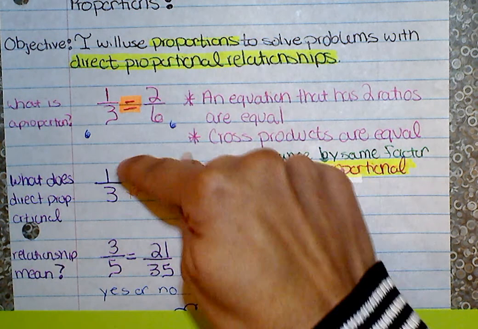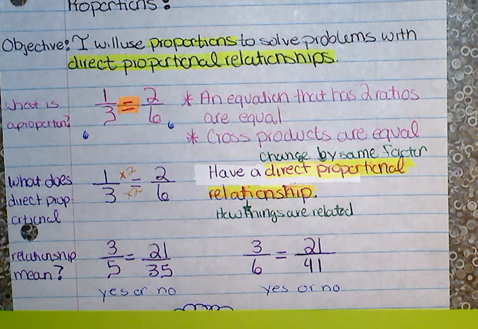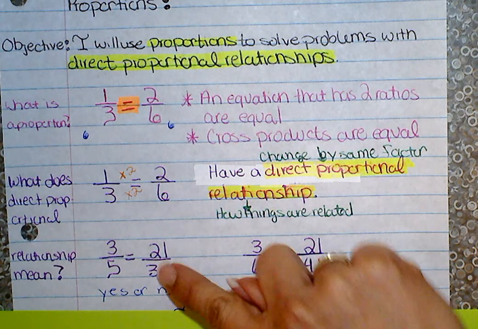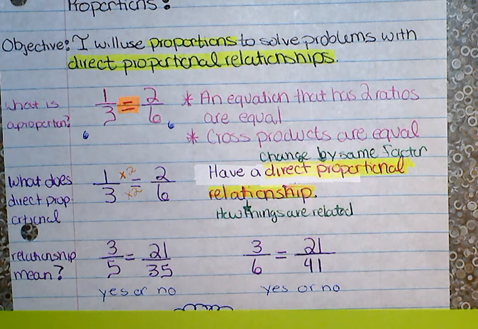You can try to change it by the same factor, or you can cross multiply, or you can try to simplify this to see if you can get that. It's completely up to you. I just want you to tell me yes or no, are these directly related? And you do have to show work on this. Please don't do it in your head.